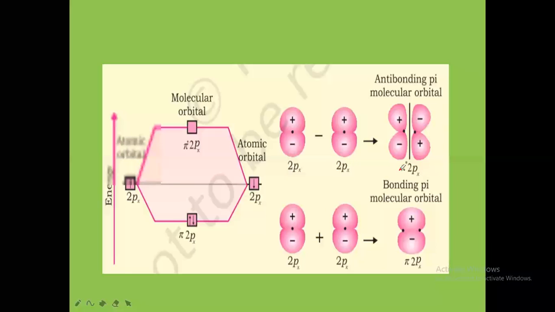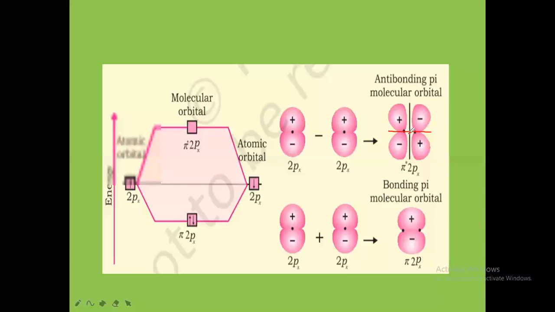In this case, pi star 2px means what? Anti-bonding molecular orbital. So this anti-bonding molecular orbital has how many nodal planes, you see? This is one nodal plane between two nuclei, and it is another nodal plane, remember. So two nodal planes here.